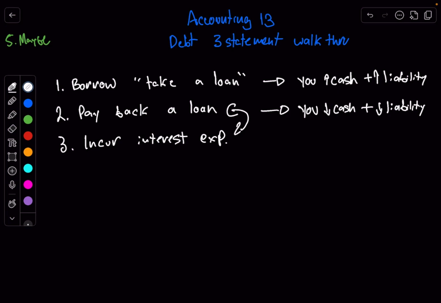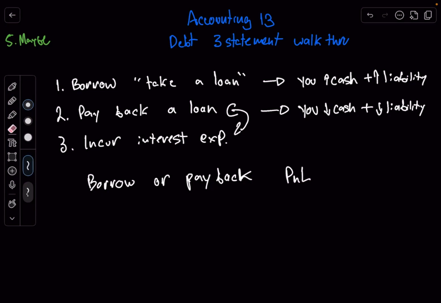Now, the second thing that I want to point out is when you borrow or you pay back a loan, is that something that's related to our profit and losses, right, or P&L, otherwise known as our income statement? No, right?